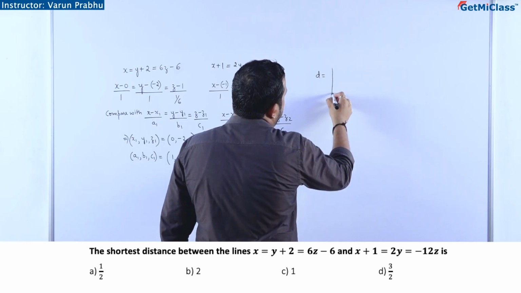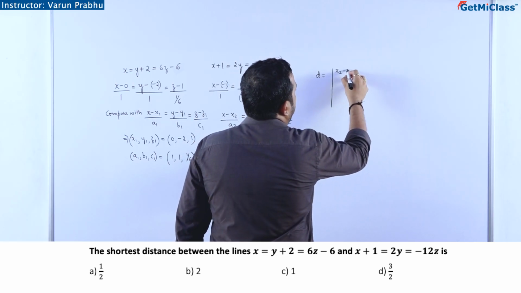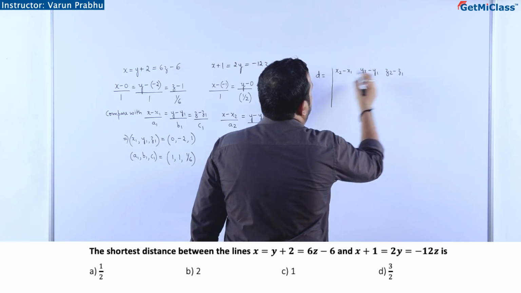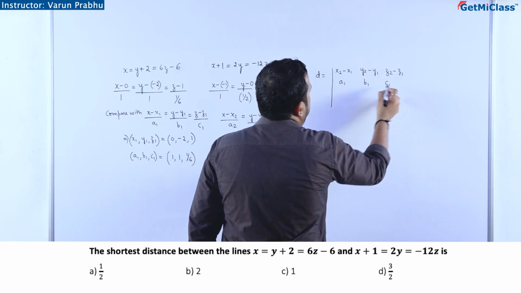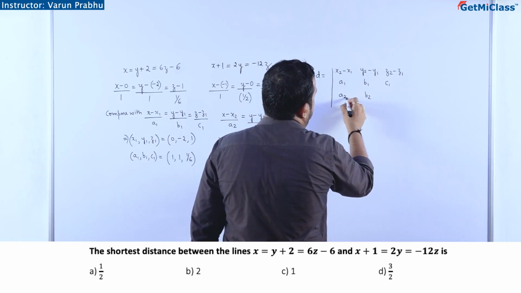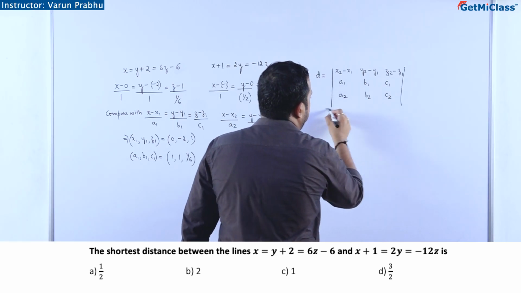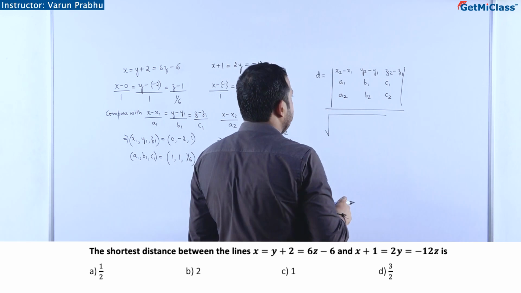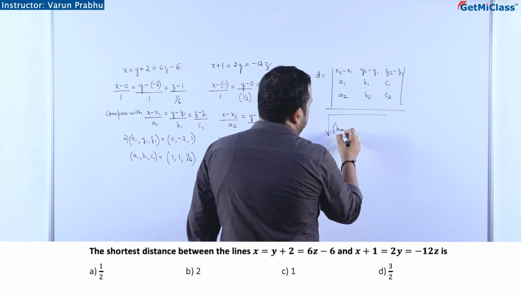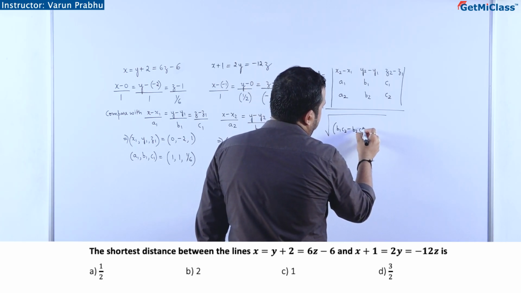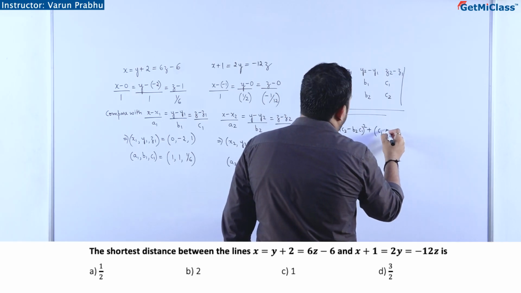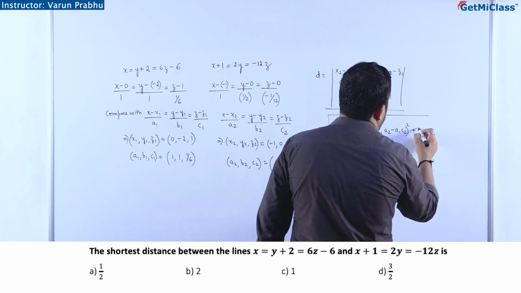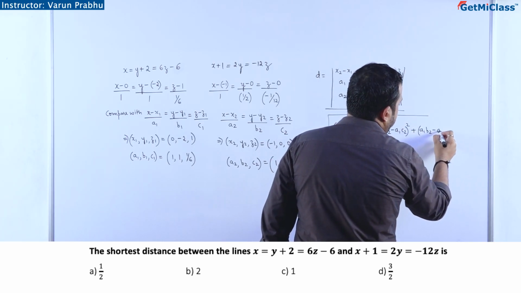The distance between the two lines is given by the determinant of (x2 minus x1, y2 minus y1, z2 minus z1), (a1, b1, c1), (a2, b2, c2), divided by the square root of (b1 c2 minus b2 c1) the whole square plus (c1 a2 minus a1 c2) the whole square plus (a1 b2 minus a2 b1) the whole square.